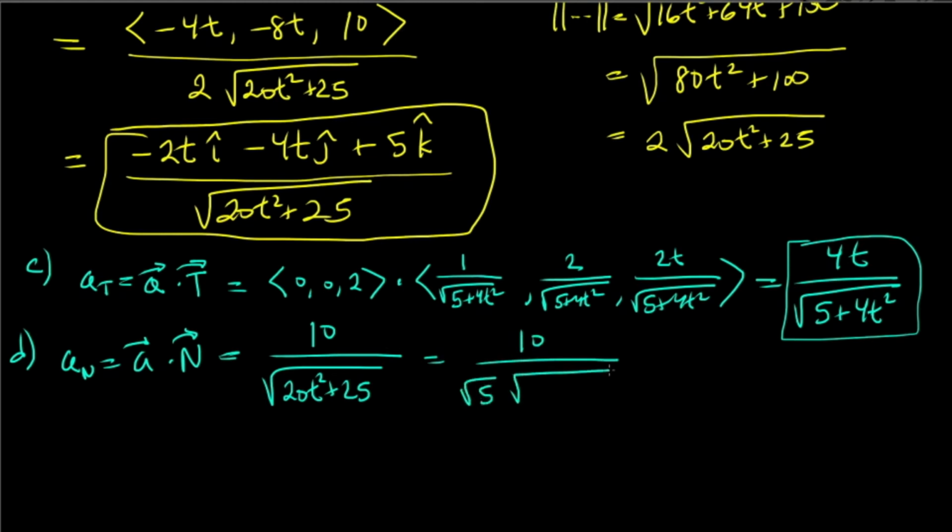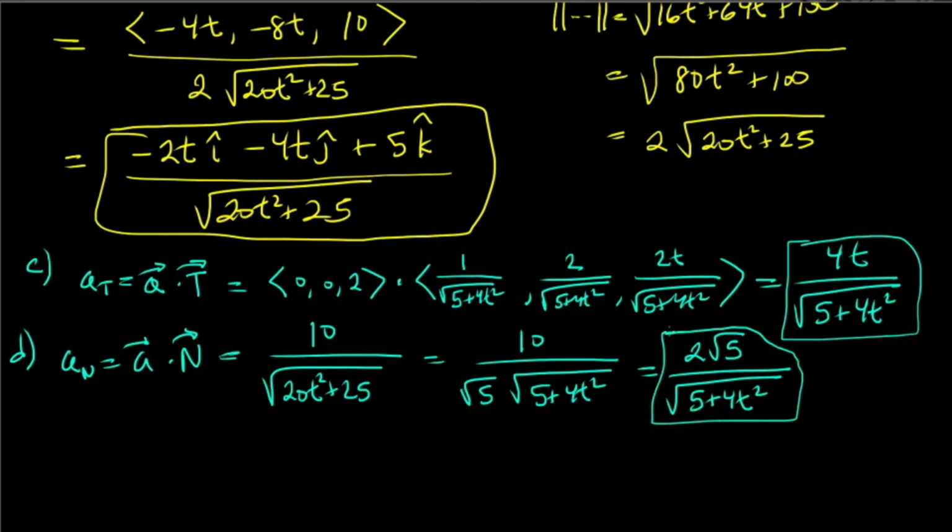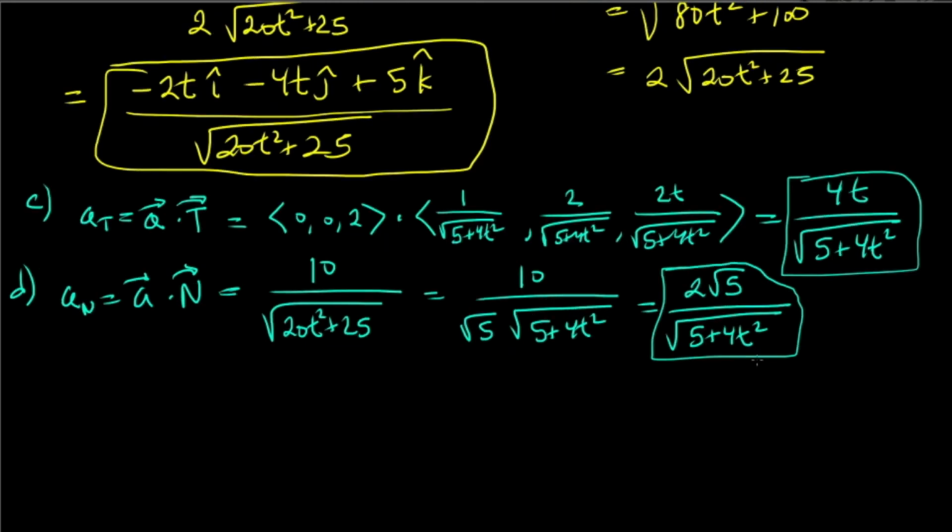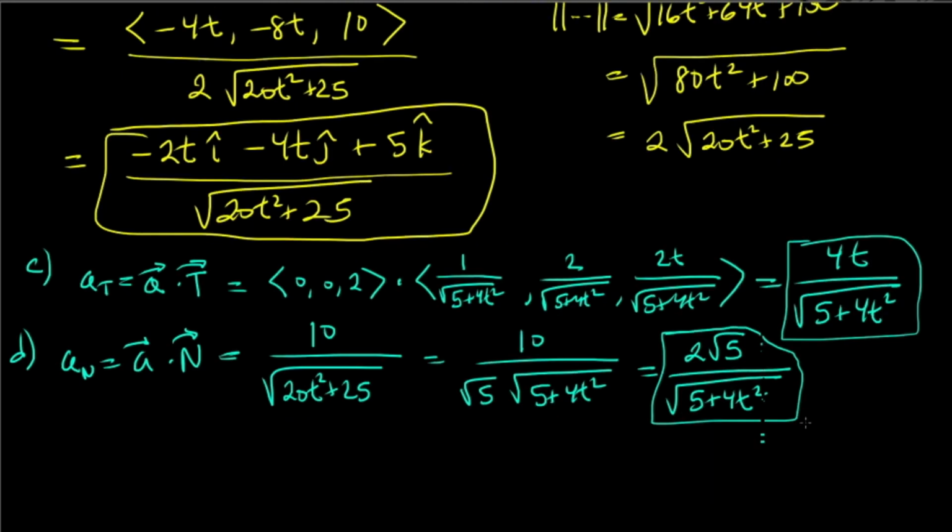Square root of 5. And then this would just be the square root of 4t squared plus 5, 5 plus 4t squared. Okay, just to make it look pretty similar here. So this is 2 square root of 5 all over the square root of 5 plus 4t squared. That is the normal acceleration, or centripetal acceleration, if you remember.